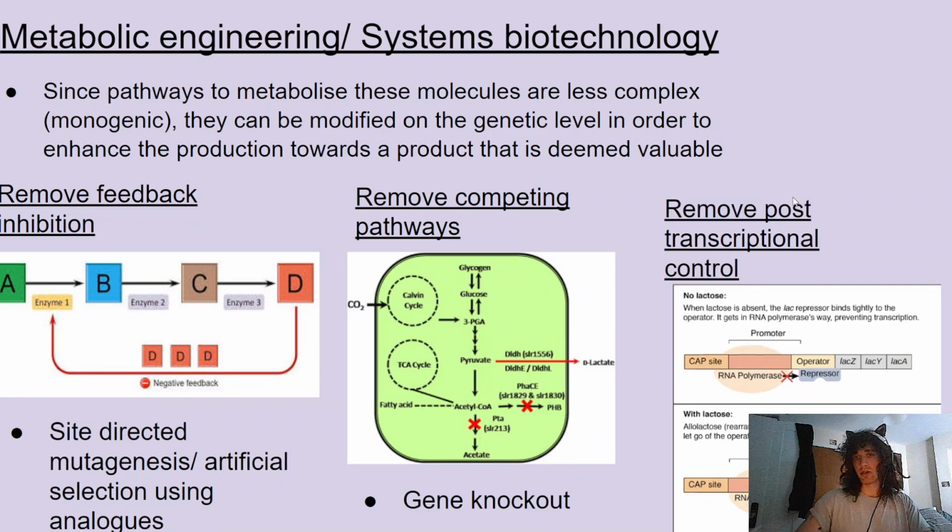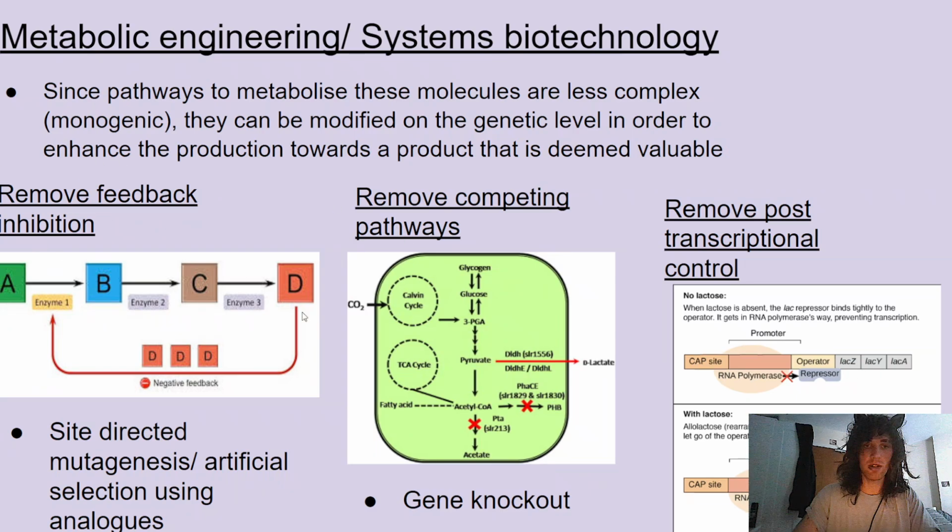We can remove post-transcriptional control, and here you can see the lac operon, which is a classic example where allolactose, which is an isoform of lactose, actually promotes the transcription of these enzymes, which then makes more lactase. You can also have the reverse effect, where the product inhibits transcription of these enzymes, right?